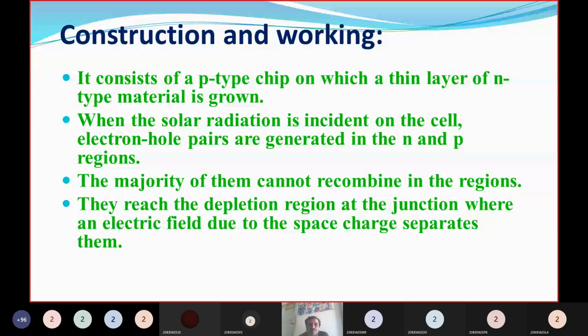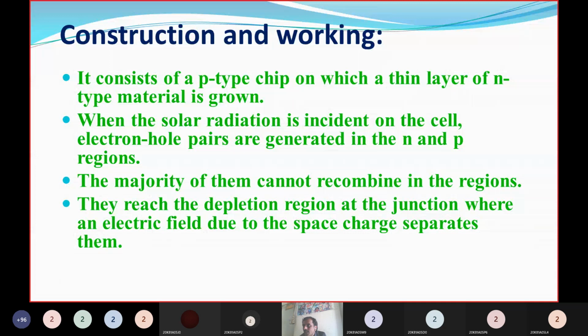In previous cases we took an n-type chip and doped the p region on it, but here we take a p-type chip on which a thin layer of n-type material is grown. So we take a p-type chip, and a thin layer of n-type is grown on that p-type layer.